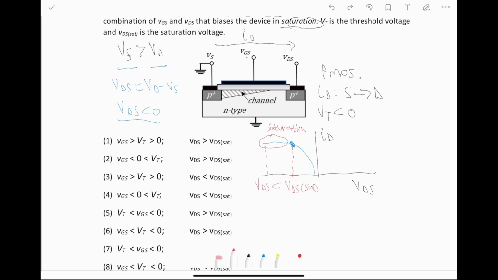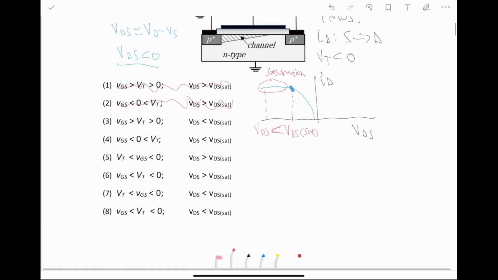We know VDS is less than VDS sat, right? And that is our first inequality. We see right here, for example, that it says VDS is greater than VDS sat, and we know that's wrong. So we can cross this answer out, and this answer, because it has that same wrong inequality, which doesn't match what we just found right here. And then we can cross these two out as well.